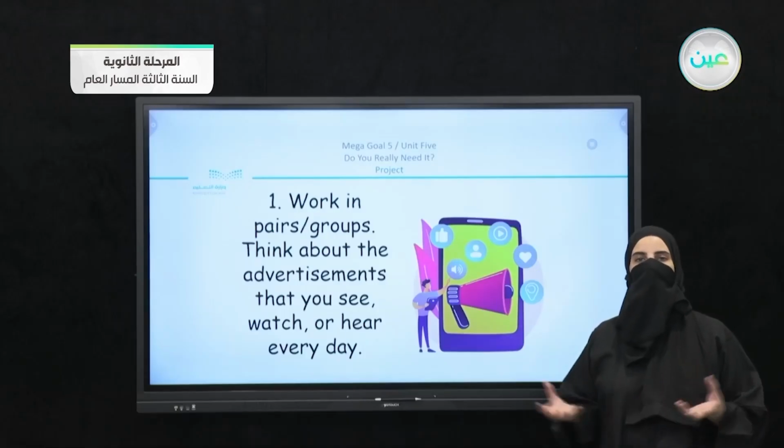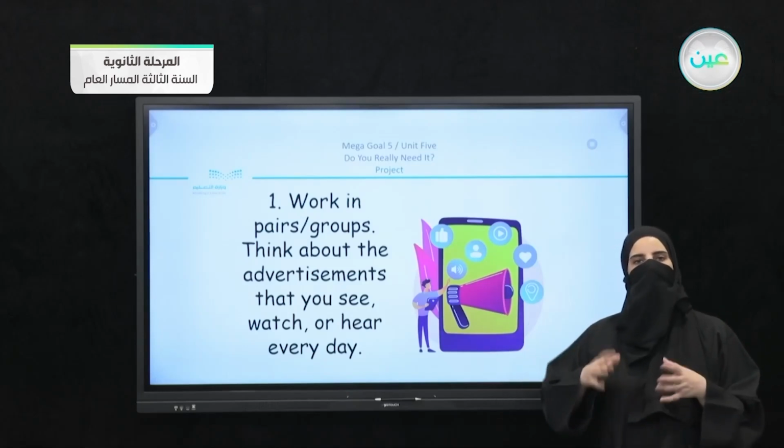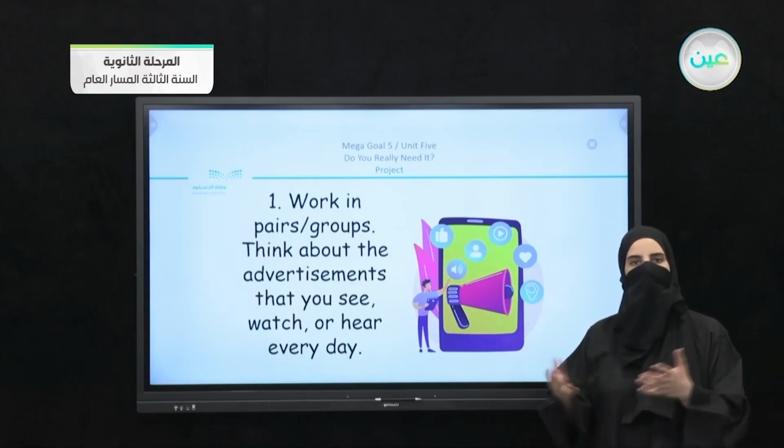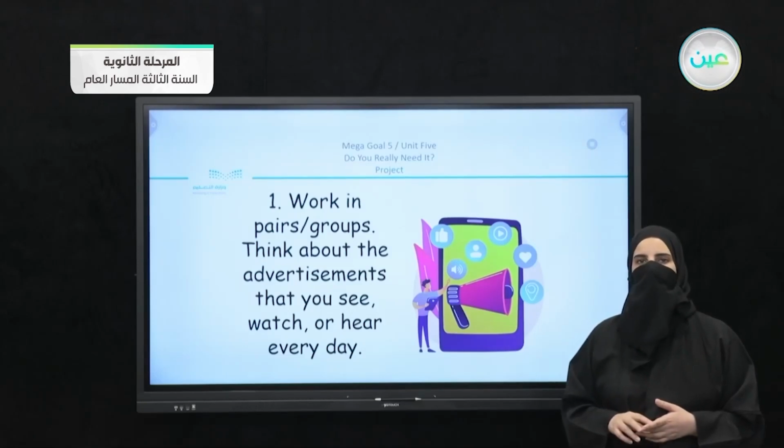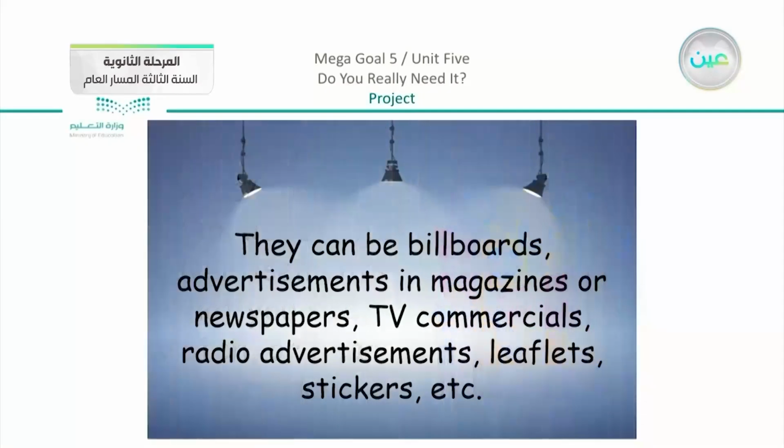Once we have agreed as a team on a certain project that we are all interested in, it is going to be easier to advertise for this project. They can be billboards, advertisements in magazines or newspapers, TV commercials, radio advertisements, and leaflets, stickers, and so on.